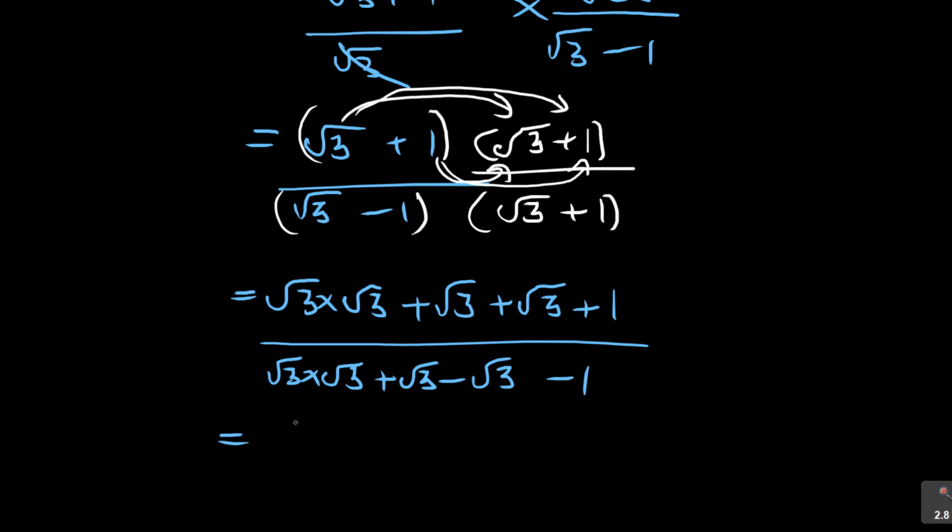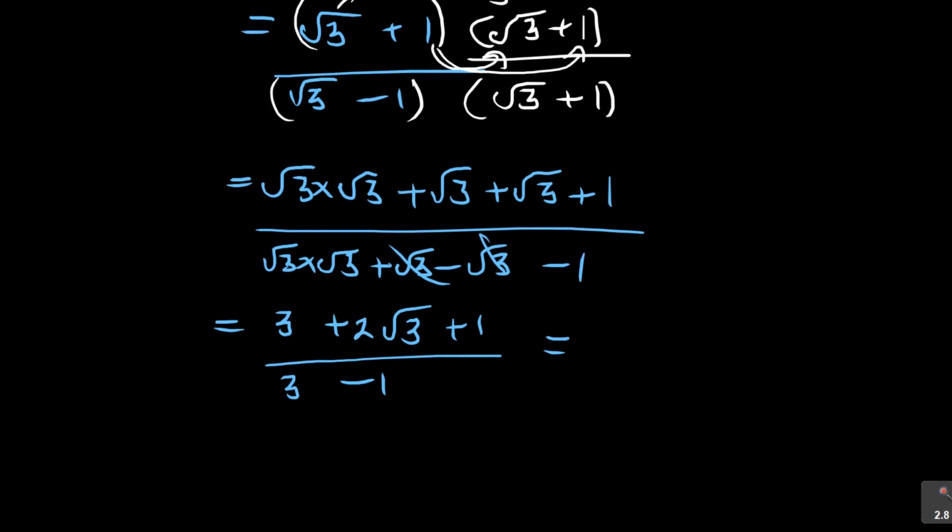And root 3 times root 3 is 3 plus root 3 plus root 3, which is 2 root 3, plus 1 over, at the bottom again is 3, that goes minus 1, which is equal to, simplifying this, 3 plus 1 is 4 plus 2 root 3 over 3 minus 1 is 2.